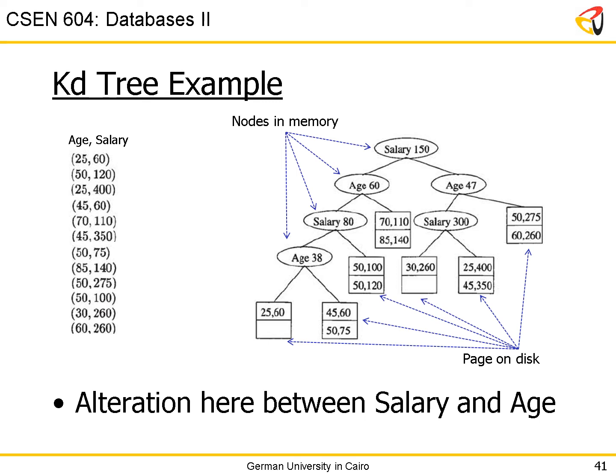When I was inserting 70, 110, I looked at the root node and it says salary, so I look into the salary value, which was 110. 110 is less than 150, so I go left. Then I look at the next node and it says age and the value is 60, and the age given to me in that row is 70, so I go right. And this is why 70, 110 went into that page.